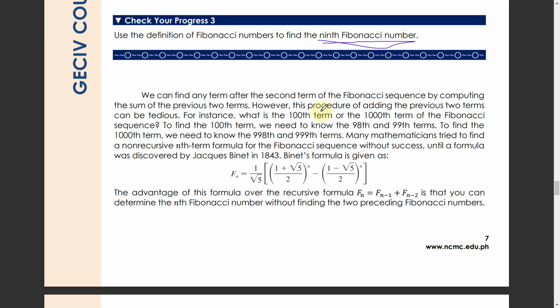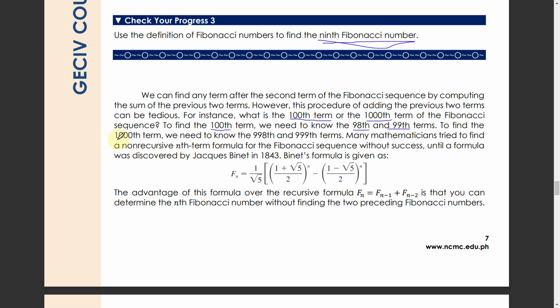For example, if you want to find the 100th term or the 1000th term of your Fibonacci sequence, you have to find first the 98th term and 99th term to get the 100th term. You must know the values of 98 and 99 to solve the 100th term of your Fibonacci.